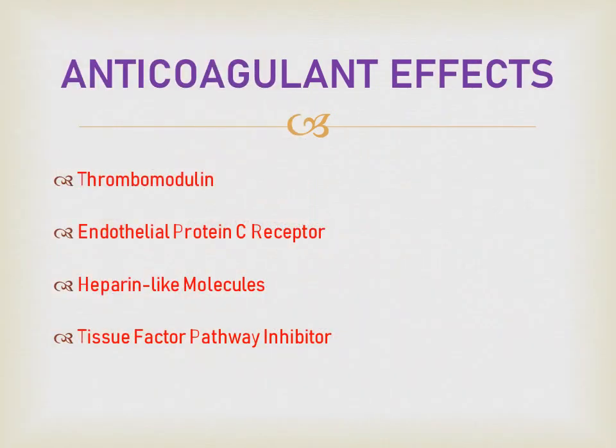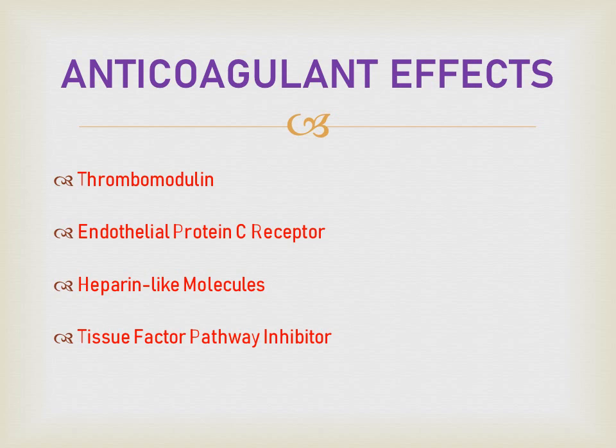Now this slide shows the anticoagulant effects of the endothelium. As you can see, it is clearly mentioned in this slide that there are four important factors that are elaborated by normal endothelial cells, and they have anticoagulant activities.